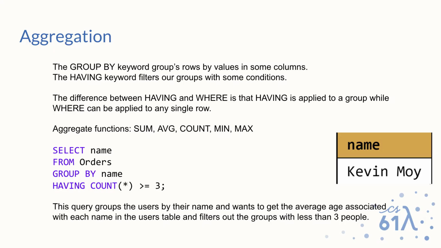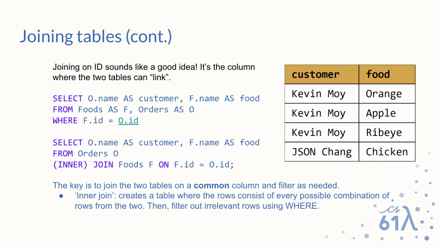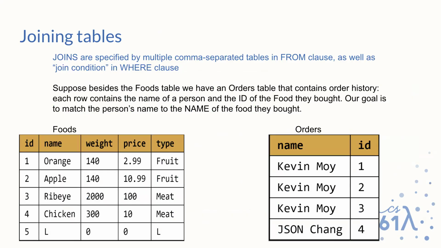Because you think about it, we're splitting this into its own groups, right? So COUNT of asterisk is how many rows each group has. And only if it has greater than or equal to 3 rows, then we'll include it, and it will only display its name. So it makes sense for Kevin Moy to be here because there are 3 instances of Kevin Moy, and there's only one of Jason Chang.